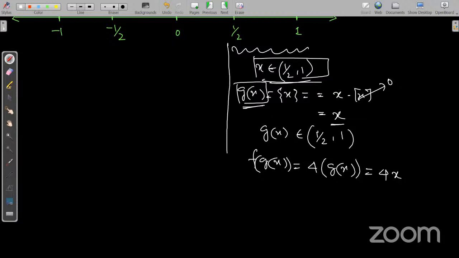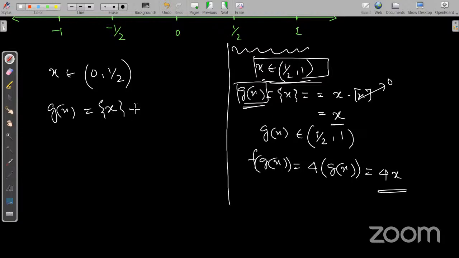So for this interval, when x belongs to 1/2 to 1, you are getting f of g of x as 4x, right? Similarly, you need to find when x belongs to 0 to 1/2. When x belongs to 0 to 1/2, g of x will be the same, the fractional part of x, that is x minus the greatest integer function, which is 0, so this gives you again x.